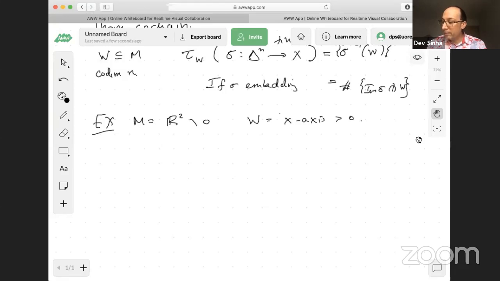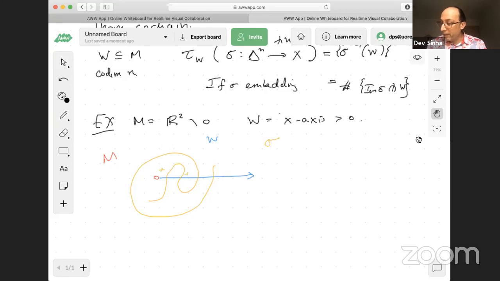So M is just R2, which is the board, minus the origin. W is this positive x-axis. And then the value on some chain: if I've got some sigma, which can do this, then I'm going to count these with signs. So maybe this is a plus here and a plus here.